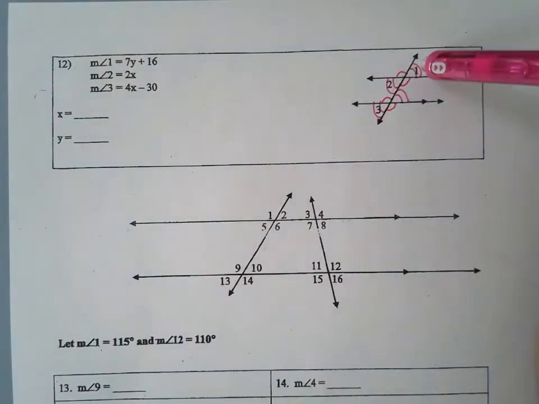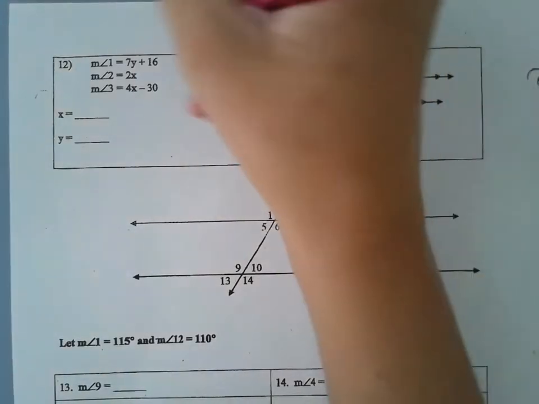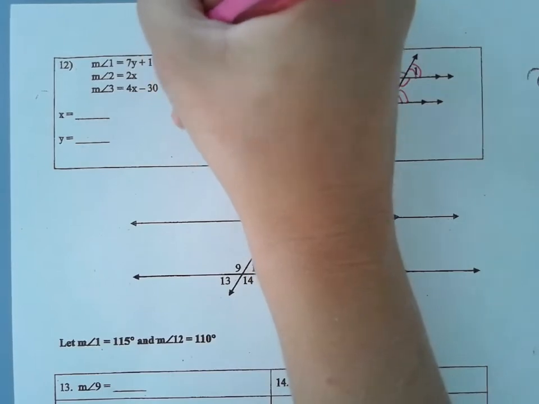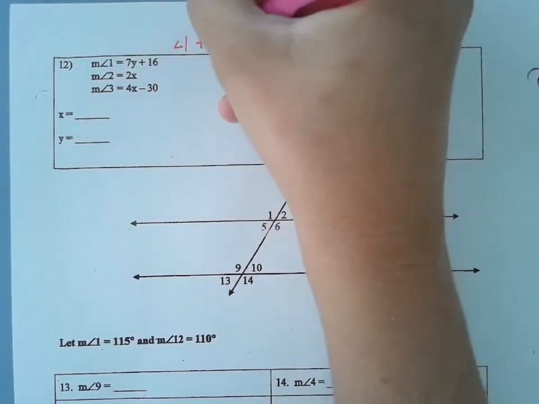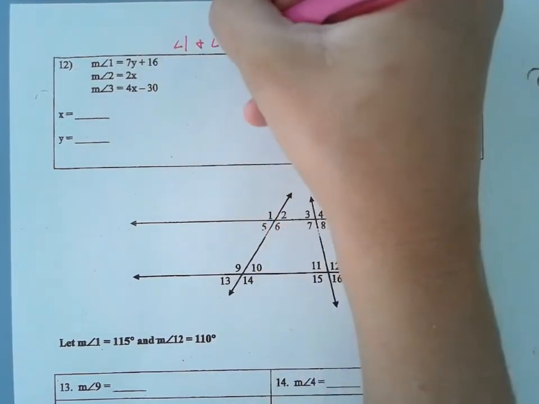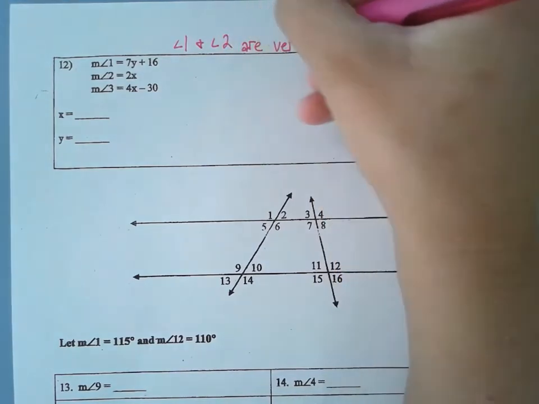Angle 1 and angle 2 are vertical angles, so I'm just going to make a note of that at the top. So angle 1 and angle 2 are vertical angles, which means that they are congruent.